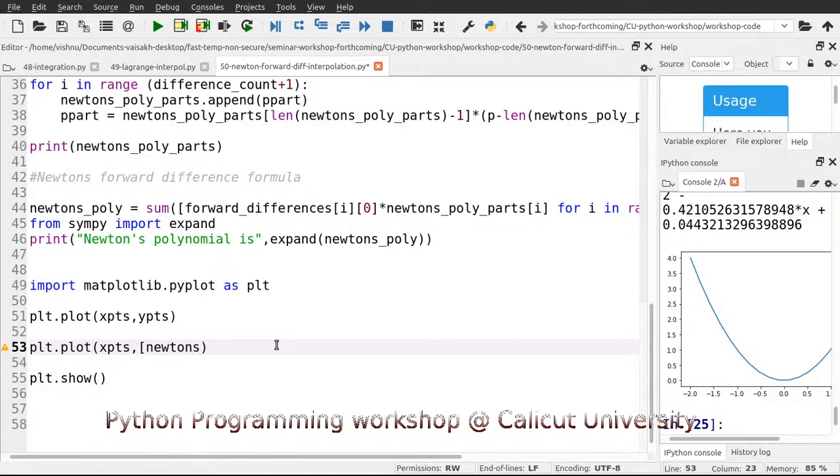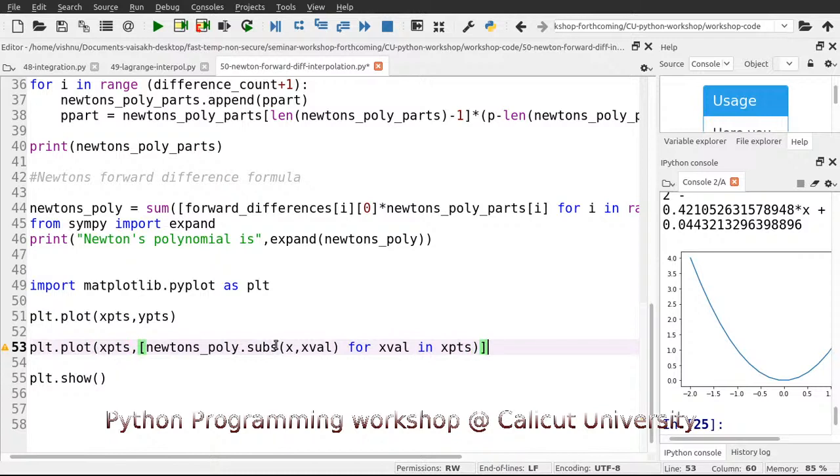So what do we have to do? Newton's poly, substitute for x value, for x value in x points. So, two plots.